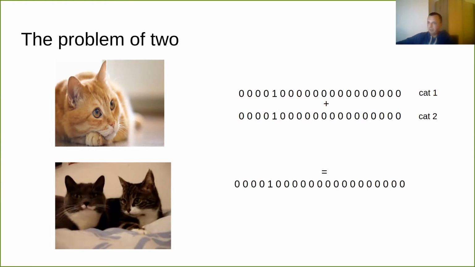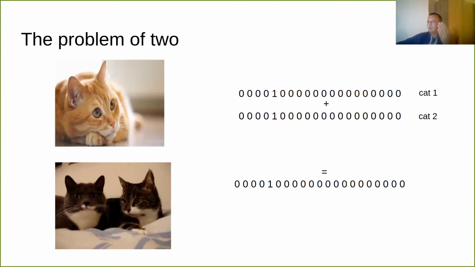It's problematic, but even this much simpler problem, distinguishing two cats from one cat, is still a problem. And it's about binding. So why? Because I have to bind the representation of one cat in one place and the representation of the other cat in another place, or in another time if we use temporal binding. But in the end, I should be able to distinguish them, set them apart.